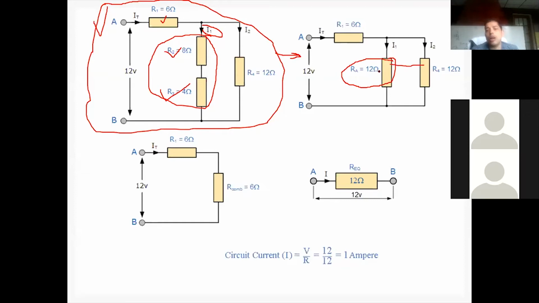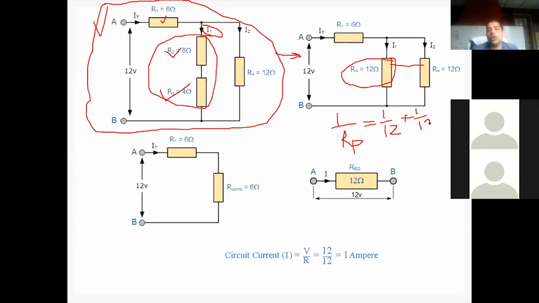So how do you find the parallel? You have to use this formula for the parallel: 1 over RP equals 1 over RA plus 1 over R4. What is the value of RA? 12. Then 1 over R4. Again, R4 is 12, right?